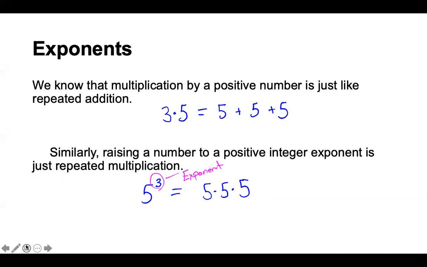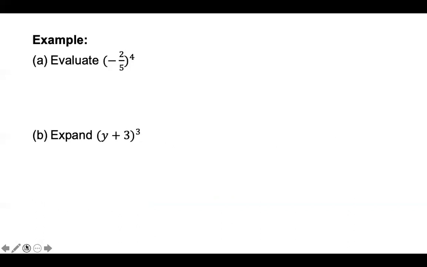But it doesn't always have to be a positive integer that it's raised to. So we're going to examine this. This 4 is positive, but this -2 over 5 is not a positive number. So let's rewrite this. What would this be? -2 over 5, 4 times.